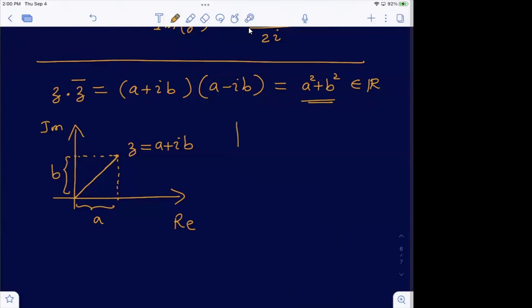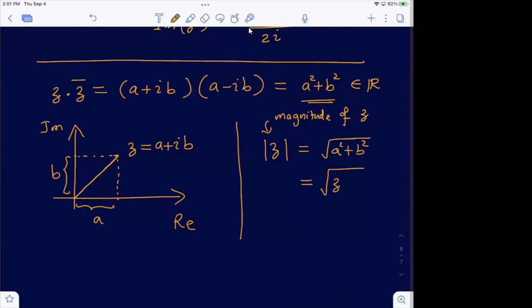So one can come up with this nice observation. If you consider the magnitude of z, that is none other than the square root of a square plus b square, which happens to be exactly the square root of z times z bar.